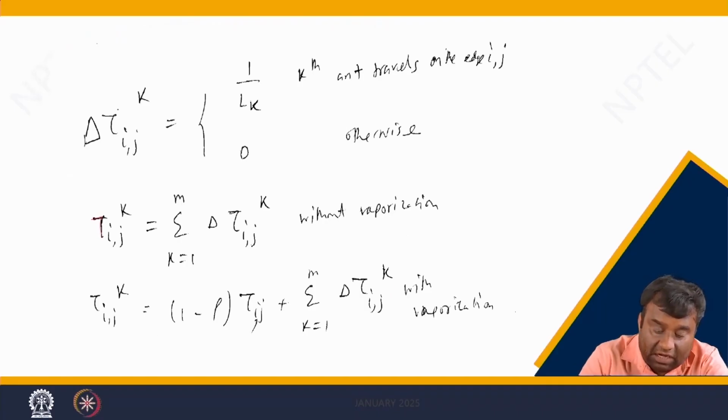Now you know that tau ij is 1 by Lk if the kth ant travels on the edge ij, and 0 otherwise. So tau ij is the summation of all this without evaporation. Now it is with evaporation. So this is the formula.